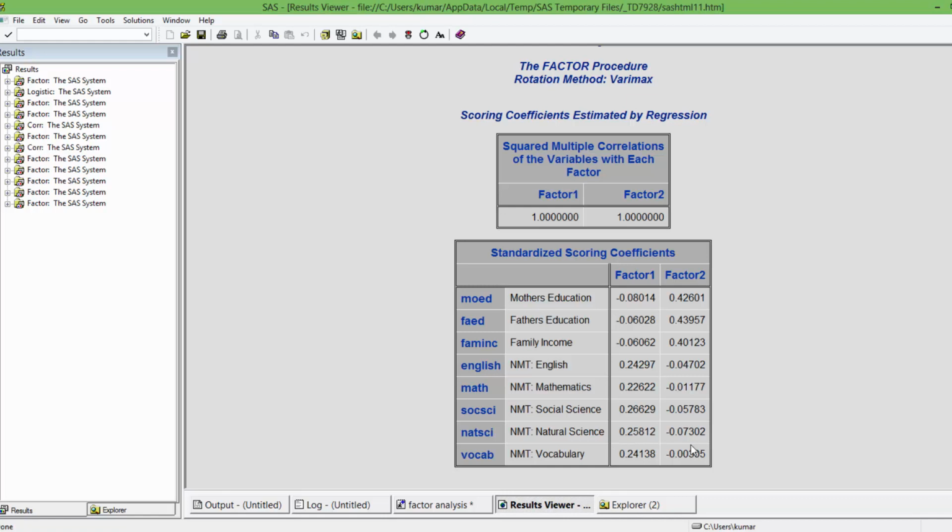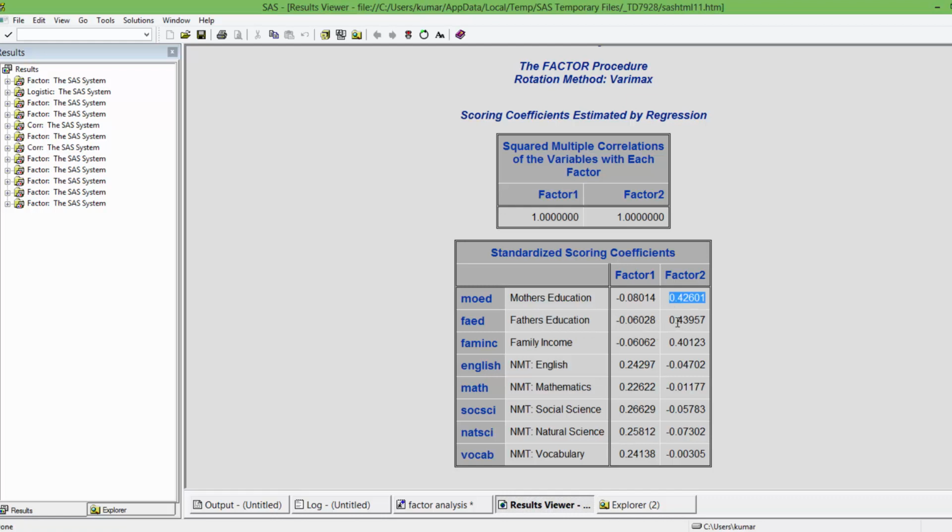Again, I'll repeat how to group the variables into factors. Compare the factor loadings and then mark them. The best thing I do is take it to Excel and mark it in yellow or something. You just highlight it and you'll get to know. For mother's education, second factor, father education, compare the two loadings.